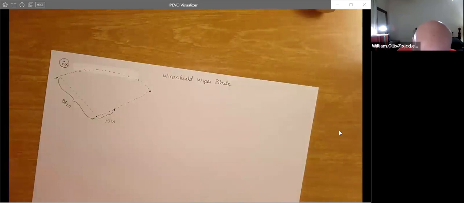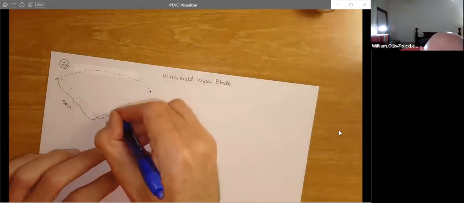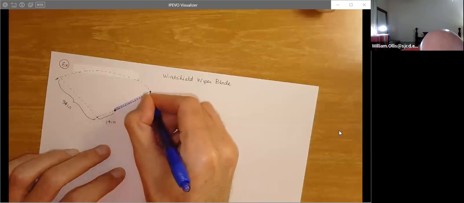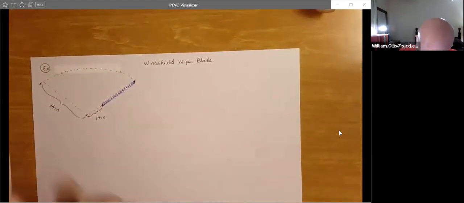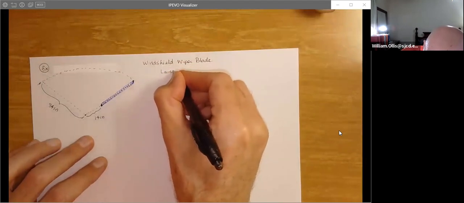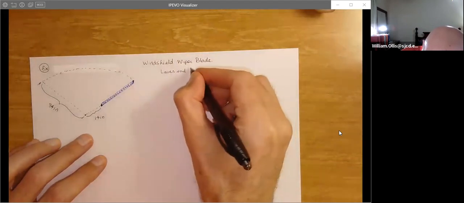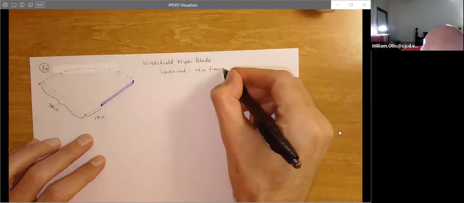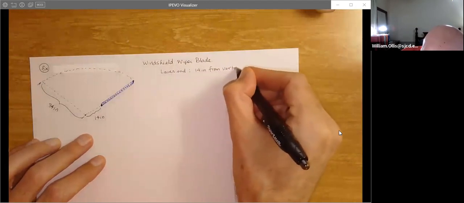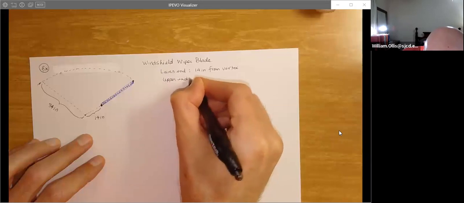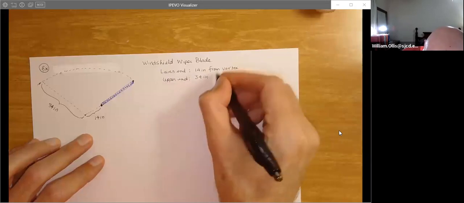So the blade, there's an arm here, but the blade part is right here, this distance. So we'll just say the lower end will be 14 inches from the vertex, and the upper end is 34 inches from the vertex.